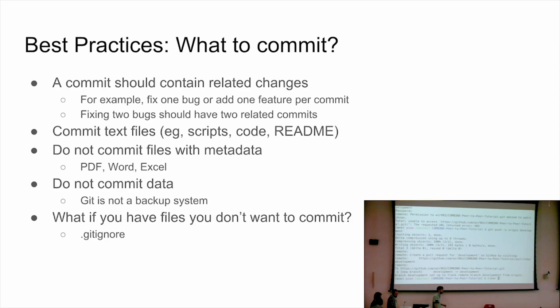Okay, so what are the best practices? So the first best practice is to commit early and often. It's kind of hard because it's striking the right balance between committing often, but not just adding one line of code.